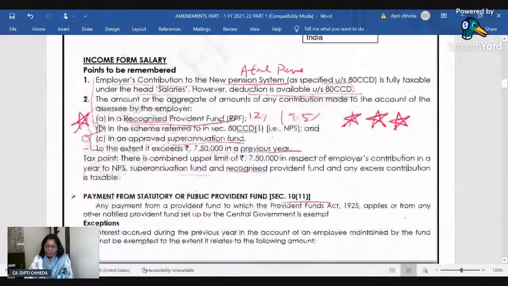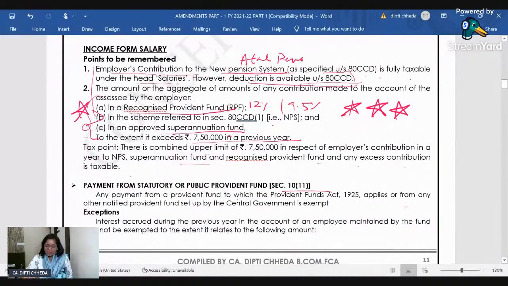So what are the two amendments in salary? One is RPF, New Pension Scheme, Atal Yojana and all, RPF, and approved superannuation fund put together. It is income from salary, and the upper limit is 7,50,000.